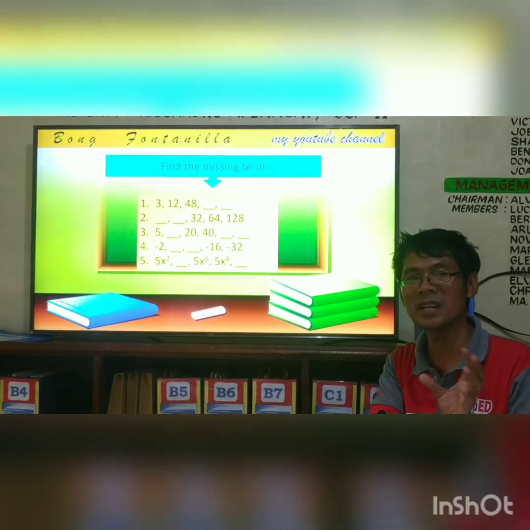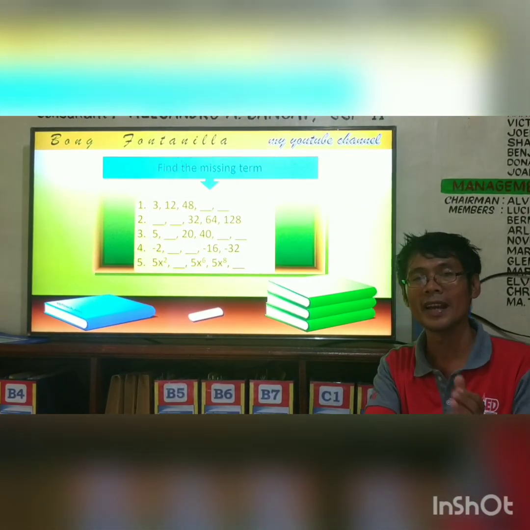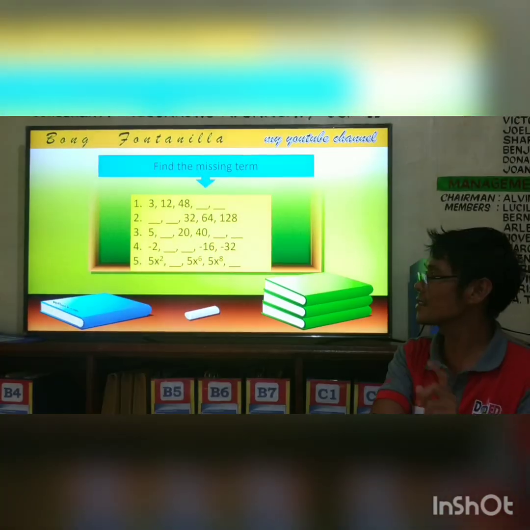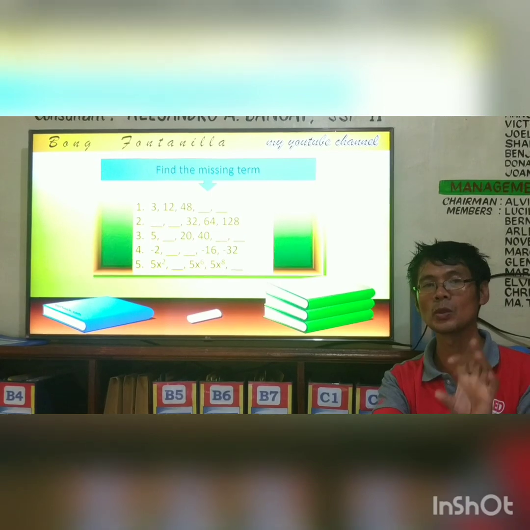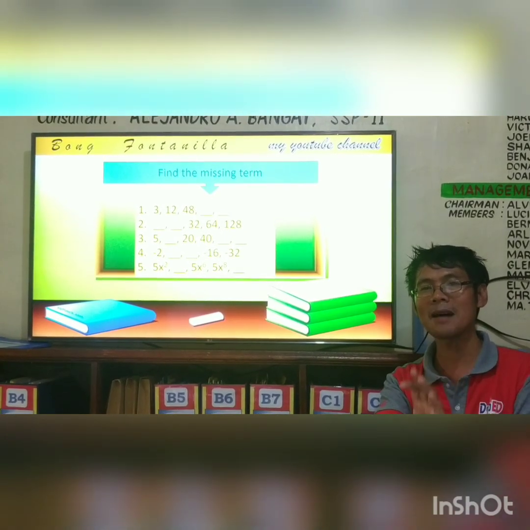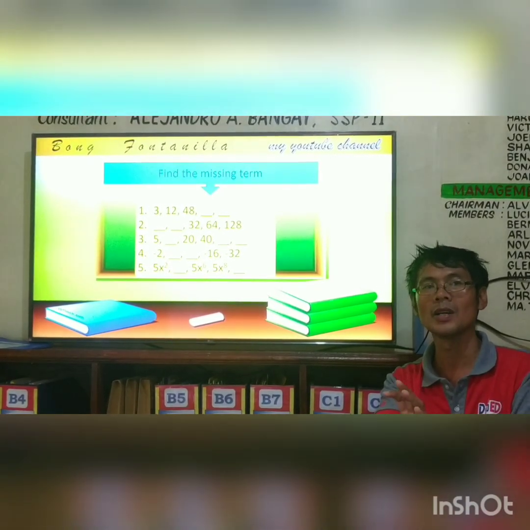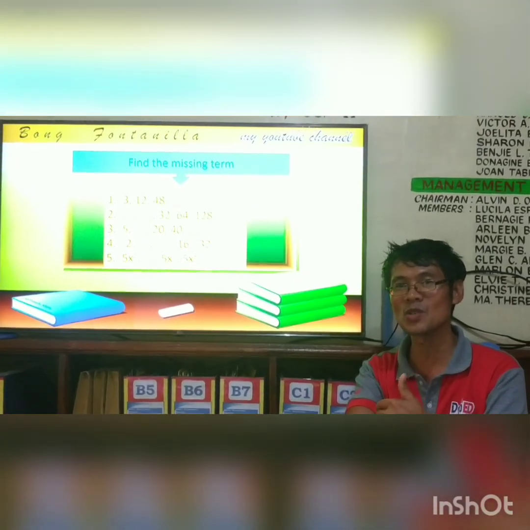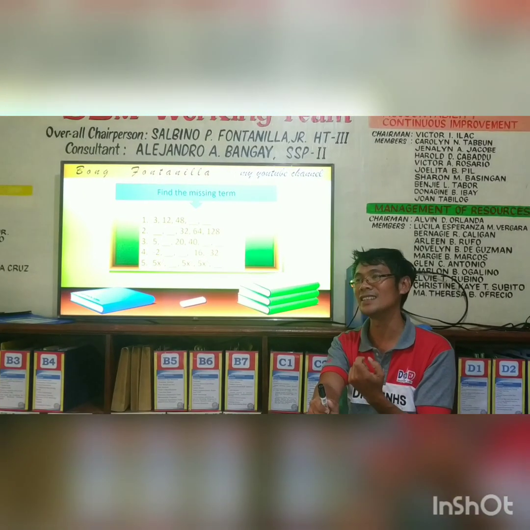So how shall we manipulate or how shall we use the common ratio to get the next term? Ang sinasabi dun sa definition, to get the next term, the common ratio will be multiplied to the preceding term to get the next term. So i-multiply po natin yung common ratio.